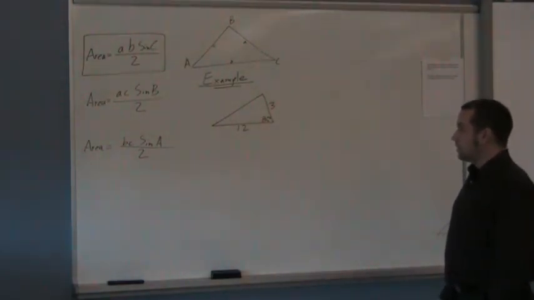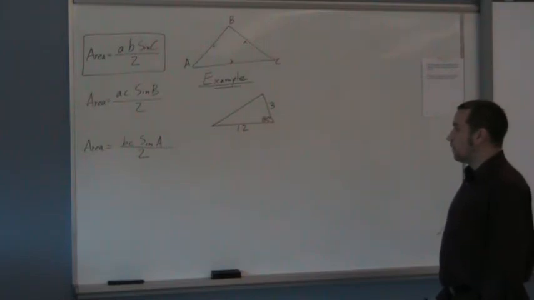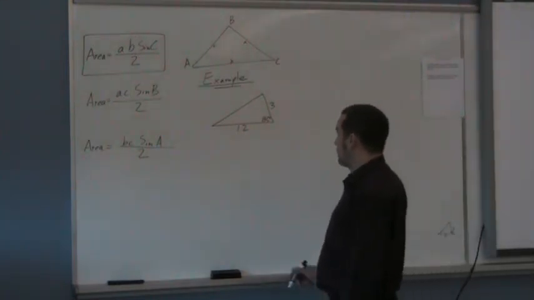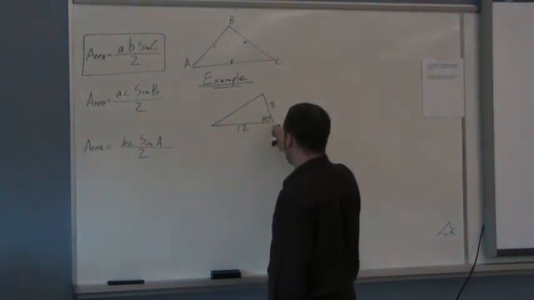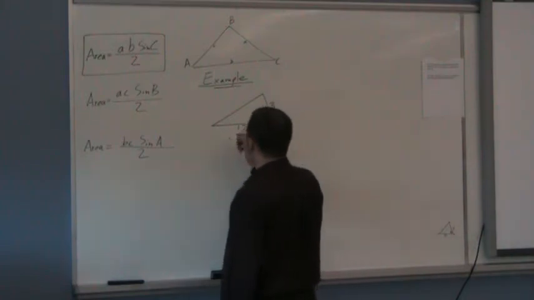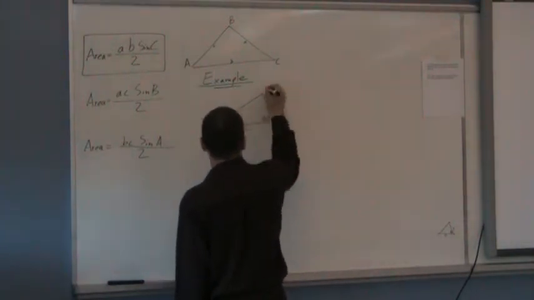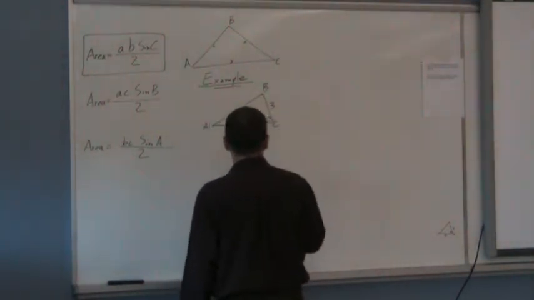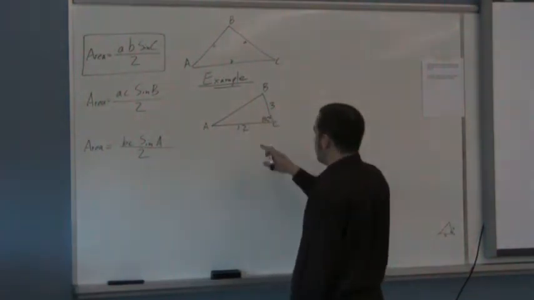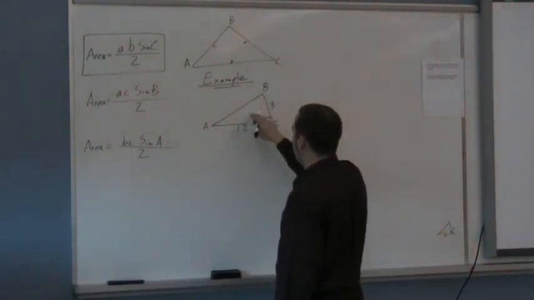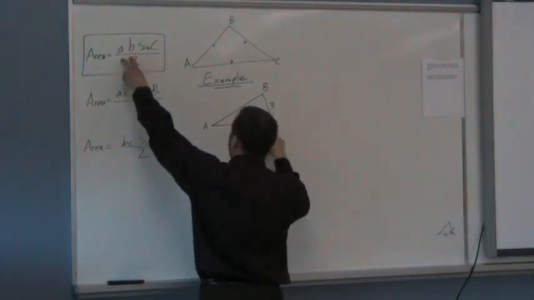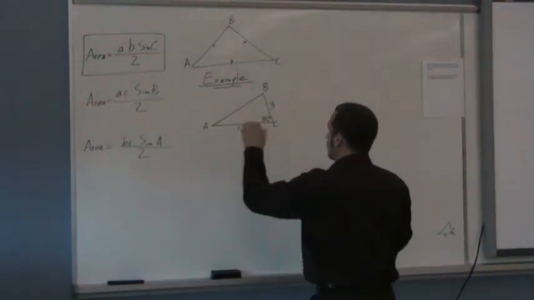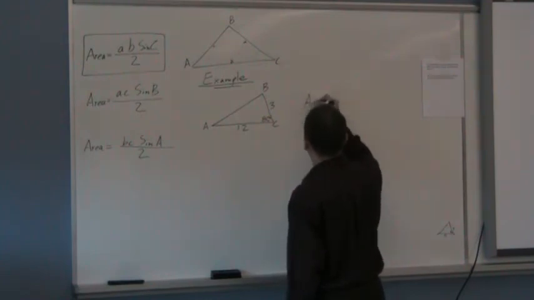If that's the case, I label it however I like, A, B, C. I notice I have length B and length A, and I have the angle C. So I can directly solve this one.